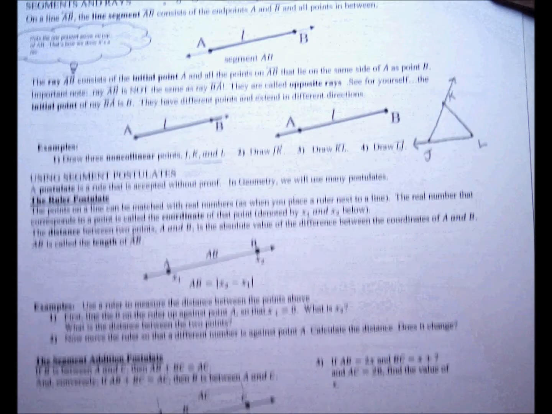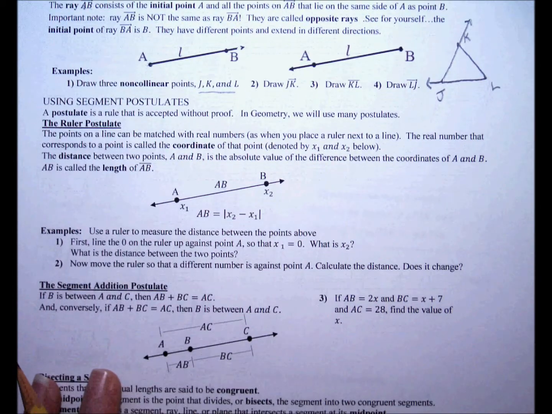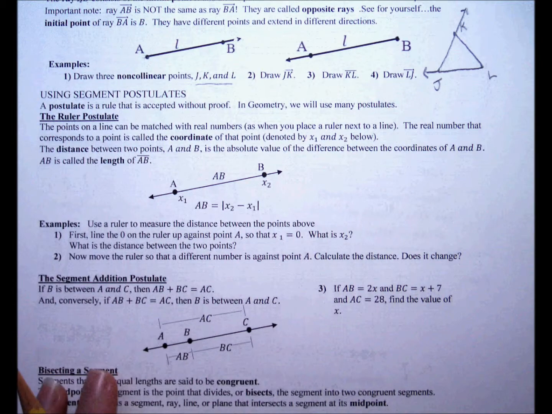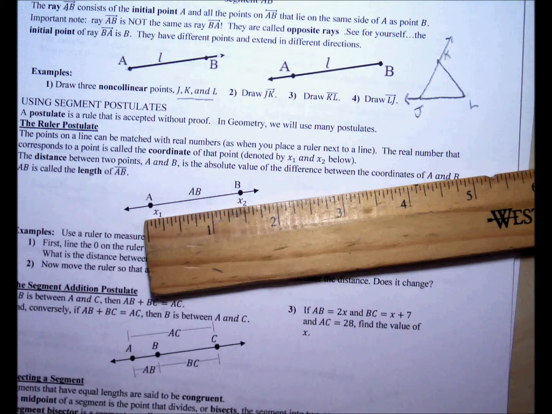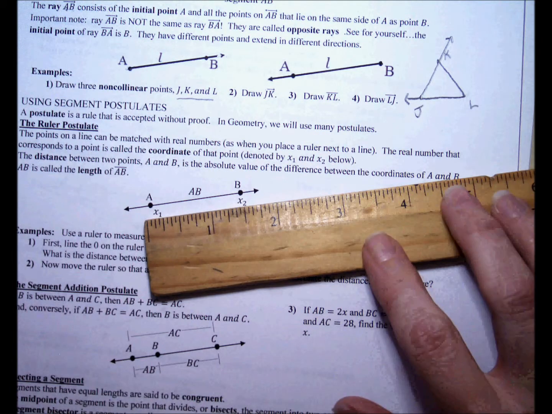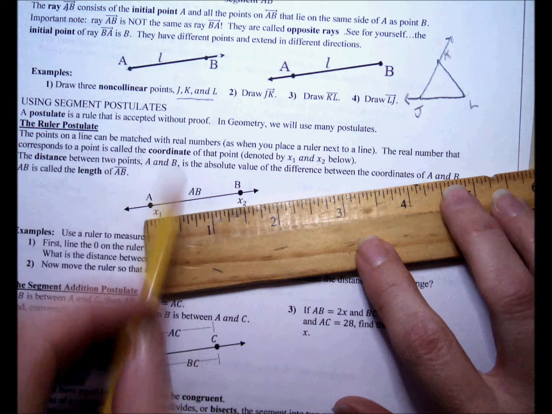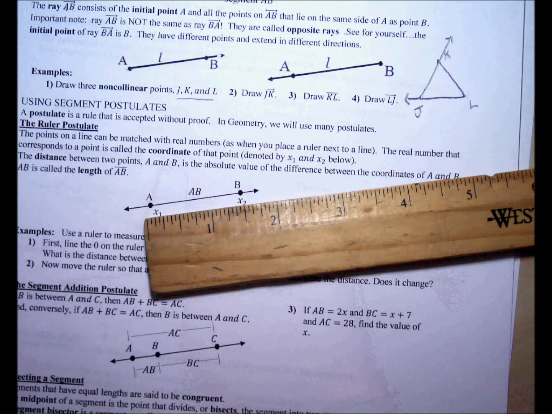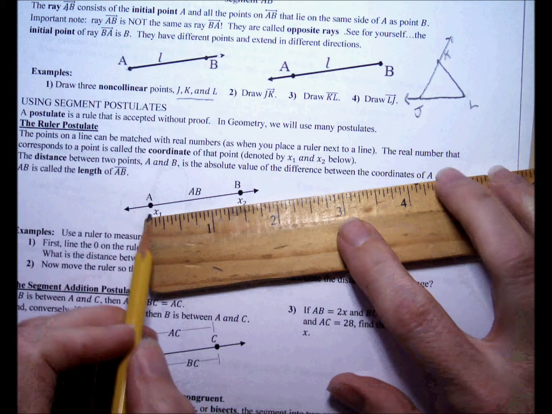Okay, segment postulates. A postulate is a rule that's accepted without proof. The ruler postulate says that you can place a ruler next to your line and line it up with the points.